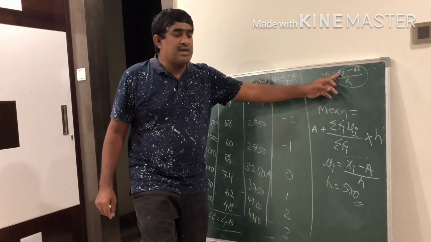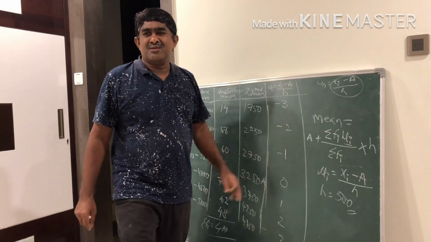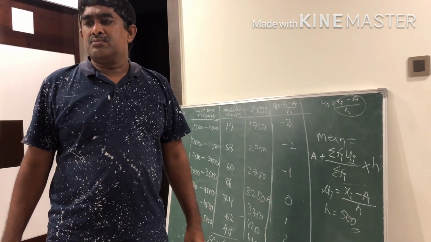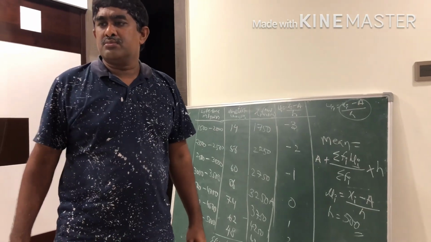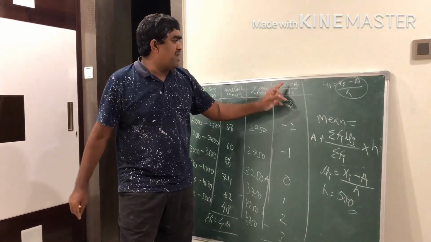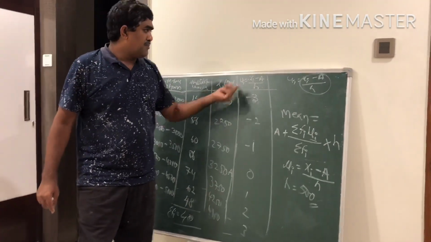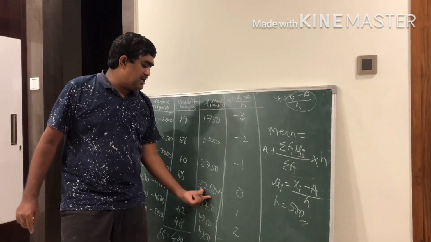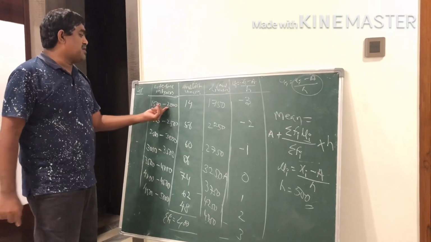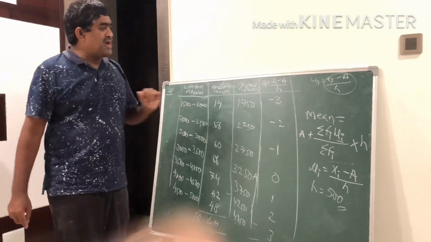Mu i equal formula is xi minus a by h: xi first one minus assumed mid value by h. H is nothing but the length of the class. You know the length of the class here, 500. You got Fa mu i.